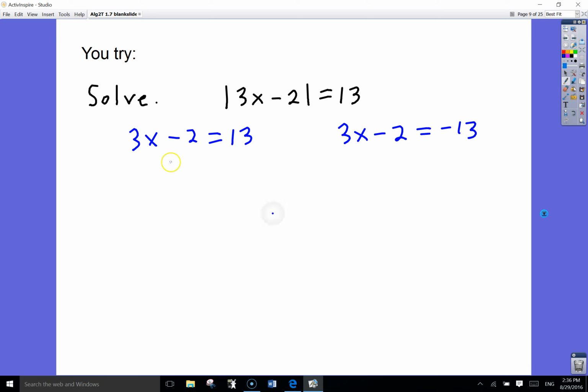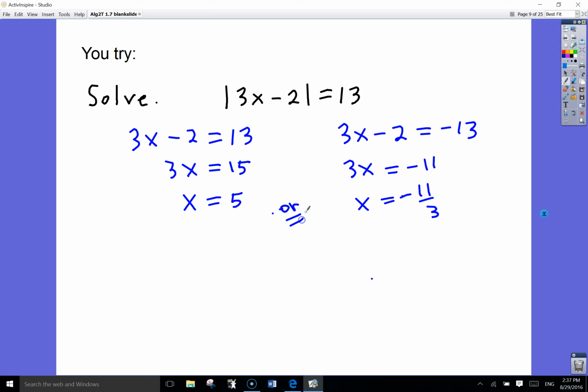Solve. Add 2. 3x equals 15. x equals 5. Okay, add 2. 3x equals negative 11. x equals negative 11 thirds.